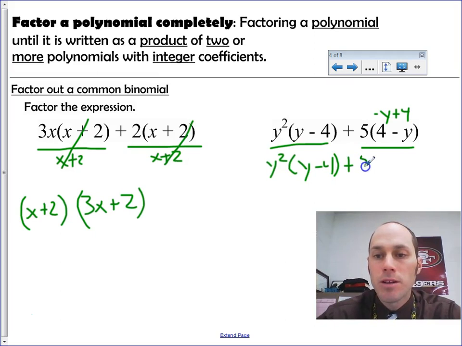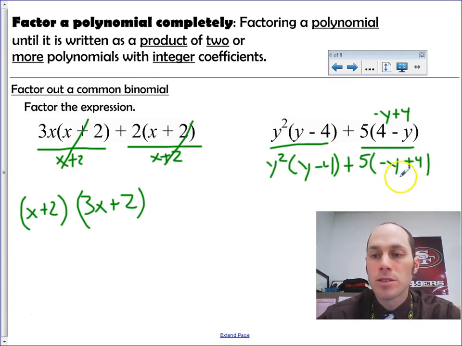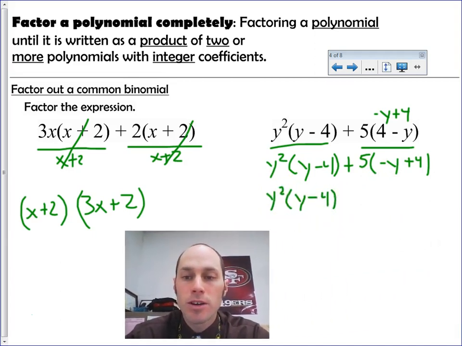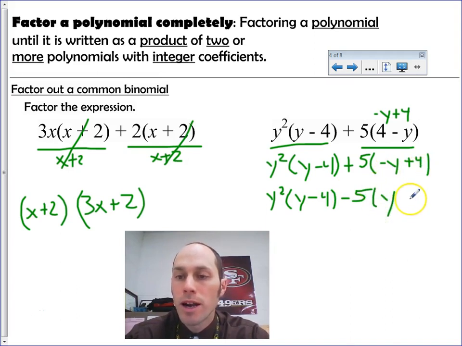But I can make it look the same, and the way I can do that is I can factor out a negative 1. So take a negative 1 out of here, and that gives me y squared, y minus 4. And since I factored out a negative 1, this becomes negative 5. When I divide negative y by negative 1, it's positive y. When I divide 4 by negative 1, it's negative 4.